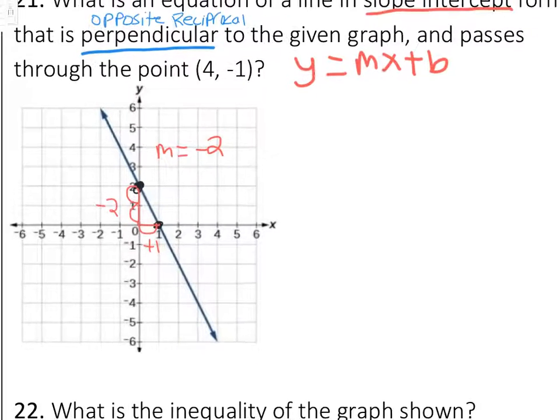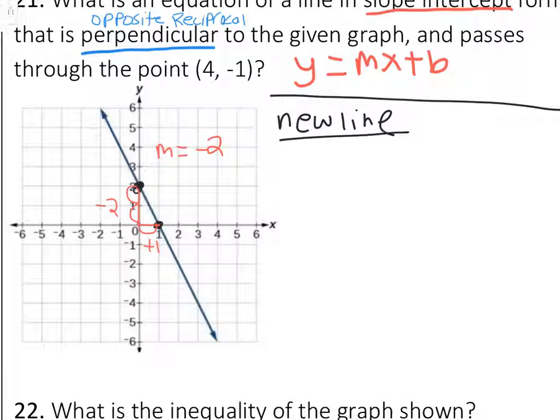Let me draw a line to separate our work here. For our new line, the one that is perpendicular, m is going to be the opposite reciprocal of -2. The opposite, we know, is going to be positive, and the reciprocal turns into a fraction, 1/2.